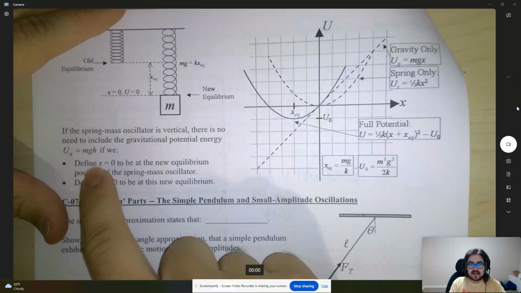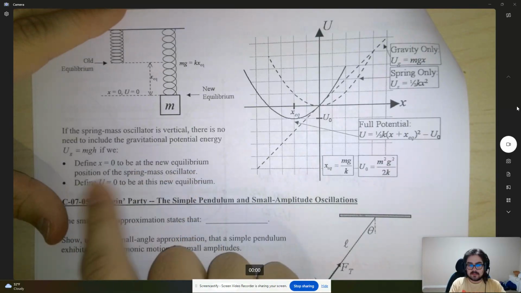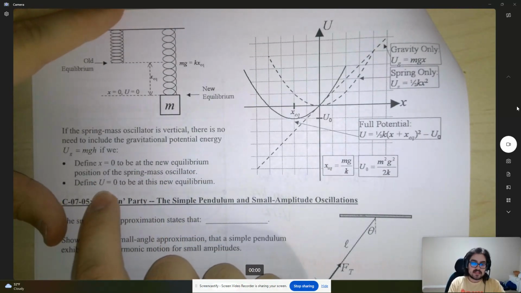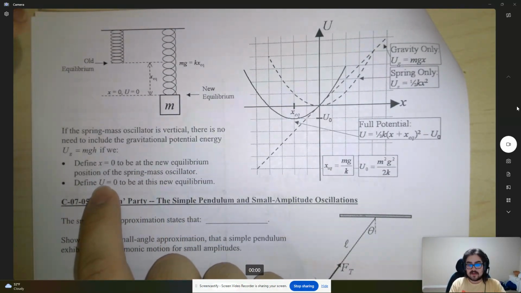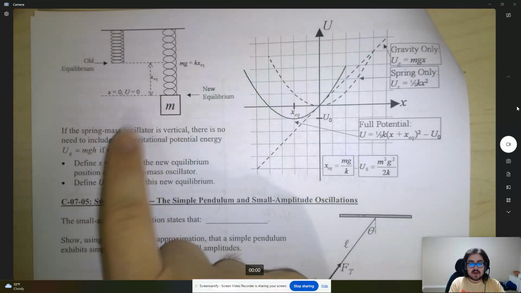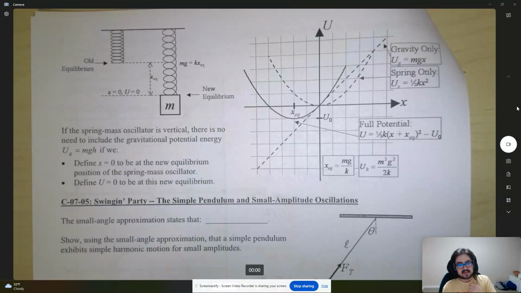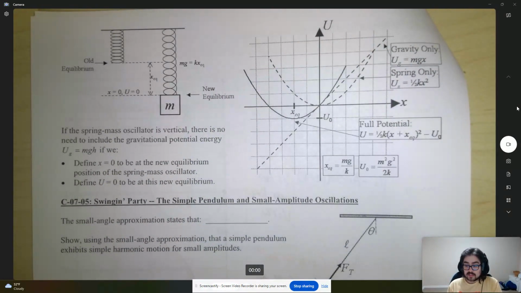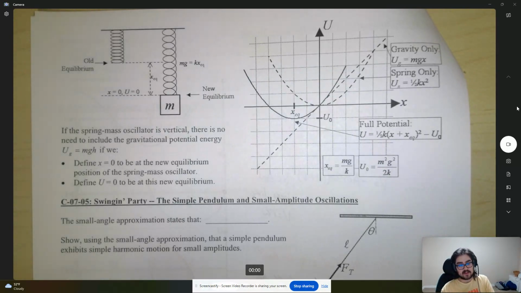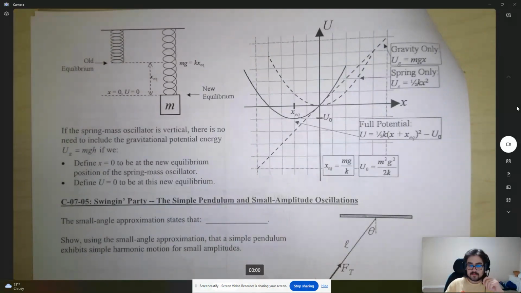If we define x equals 0 to be the new equilibrium position of the spring mass oscillator, then we can also define the potential energy to be 0 there. We basically can completely eliminate mgh. There's no need to consider it because we've effectively eliminated it from the problem, right?